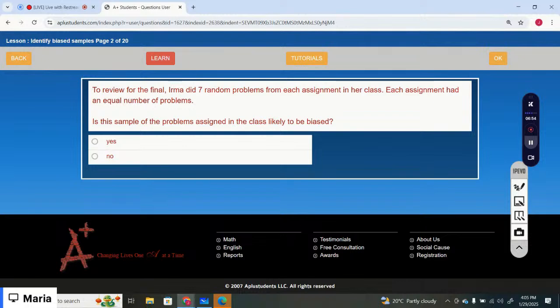To review for the final, Irma did 7 random problems from each assignment in her class. Each assignment had an equal number of problems.